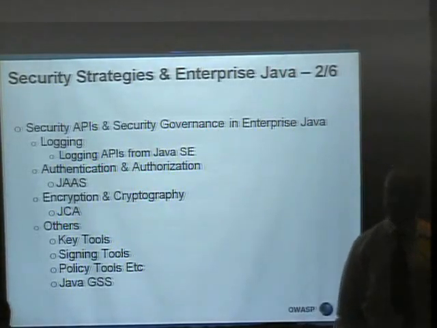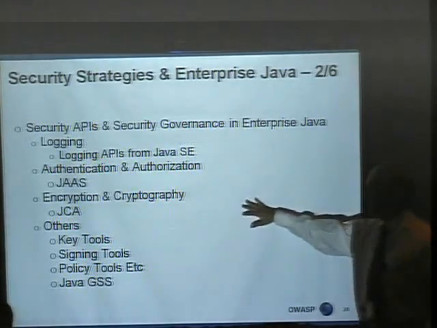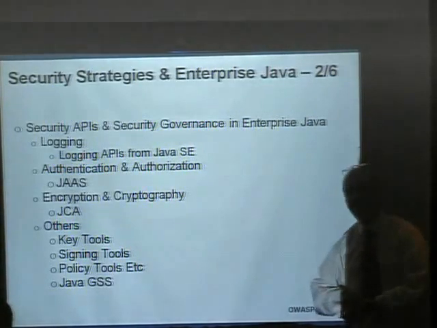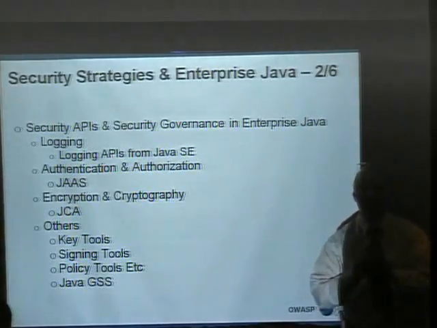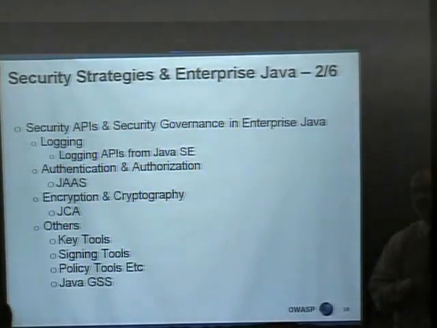And encryption and cryptography is not new. However, nowadays, according to the requirement of the industry, the encryption and cryptography has been grouped under a single umbrella called JCA, that is Java Cryptography Architecture, which comprises JCE, which is Java Cryptography Extensions, and Java GSS, which is Generic Security Services.